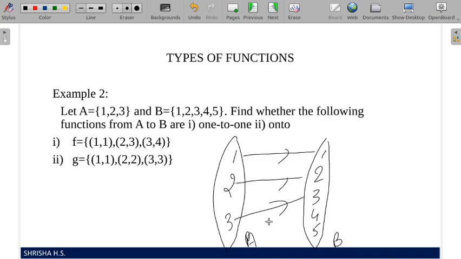So in G, different elements have different elements here. But we have to observe that f of 1 equal to 1, f of 2 equal to 2 and f of 3 equal to 3.